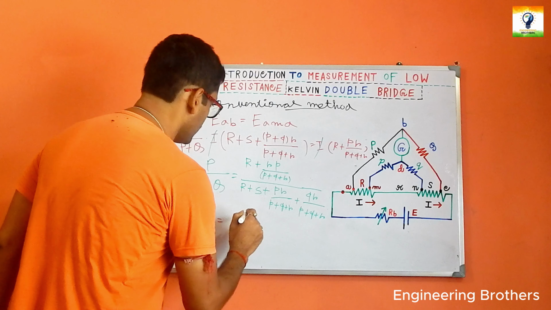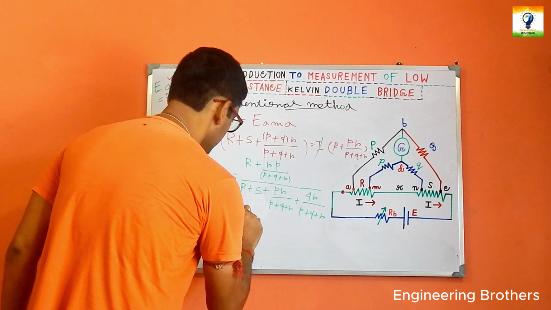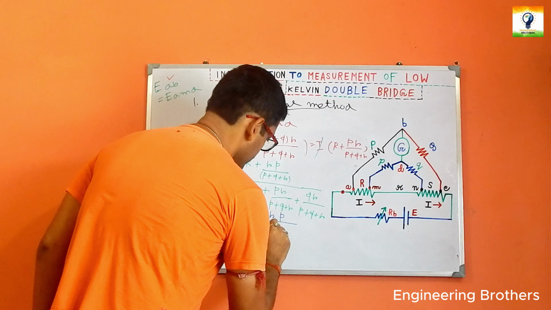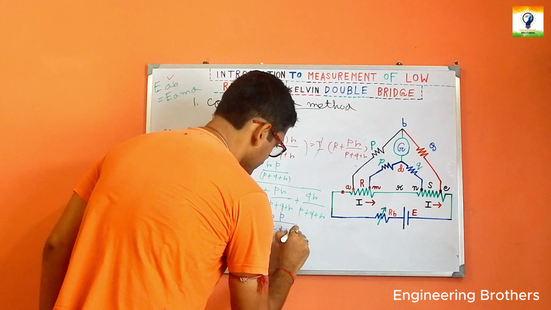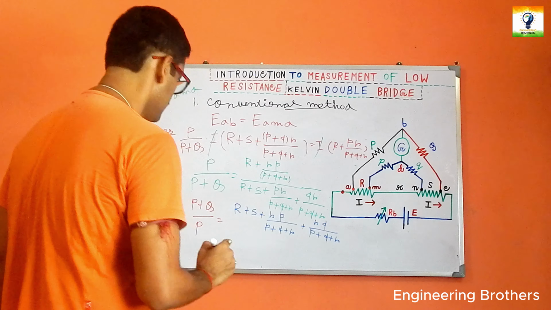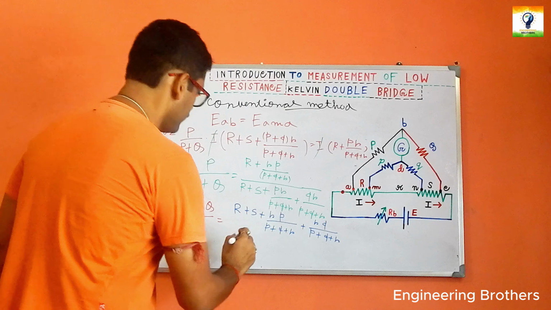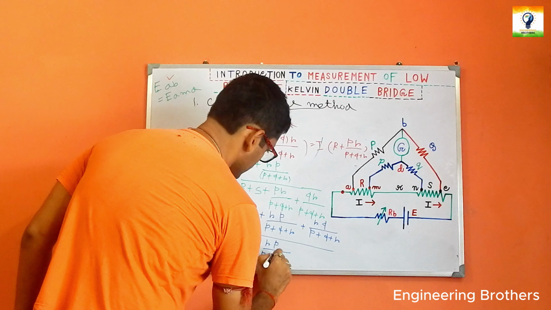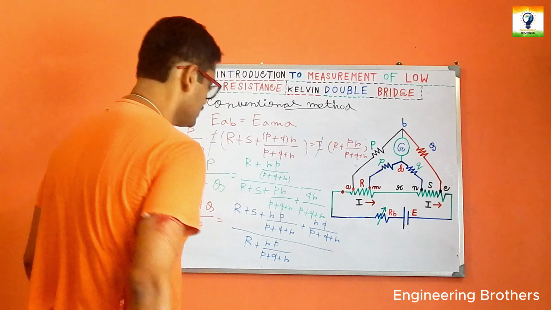In order to do that, I should say R plus S plus our R small p divided by small p plus small q plus small r plus R q divided by small p plus small q plus small r divided by this portion, which is R plus our R small p divided by P plus Q plus R. So we have just interchanged our ratio over here, and you can see that we have done that.